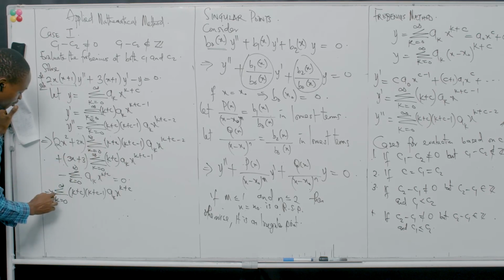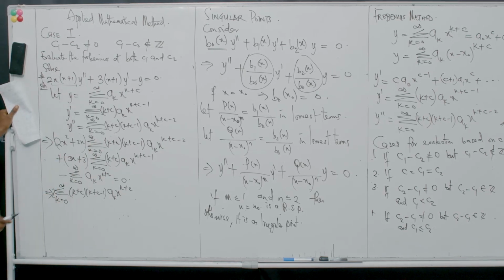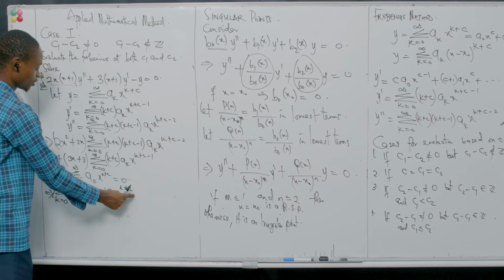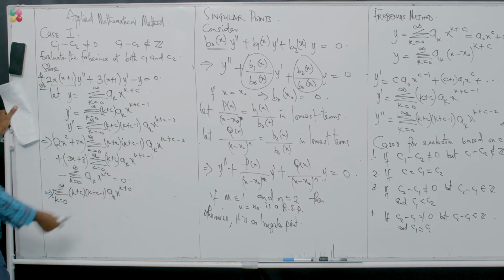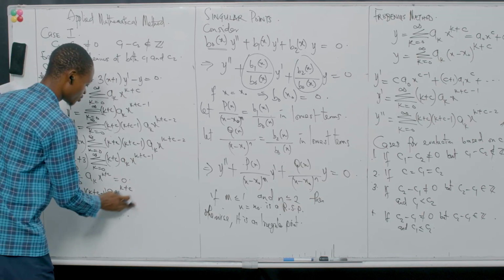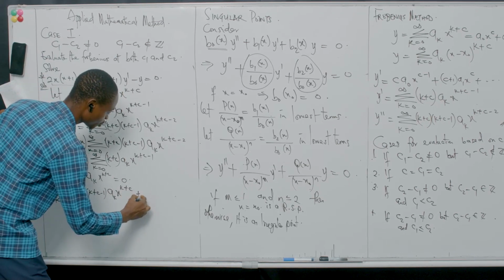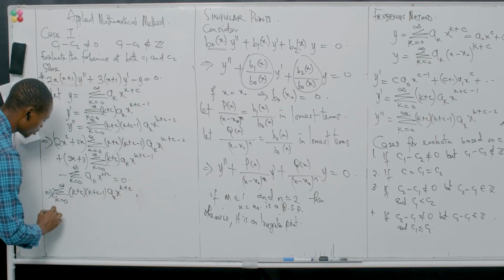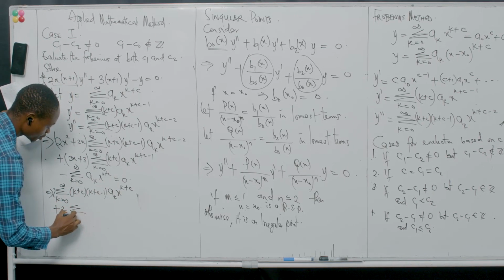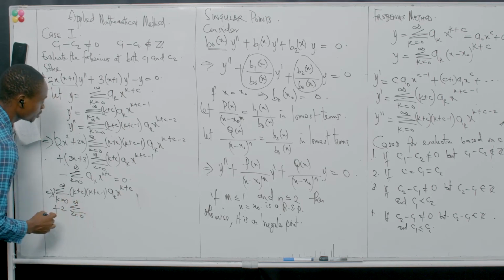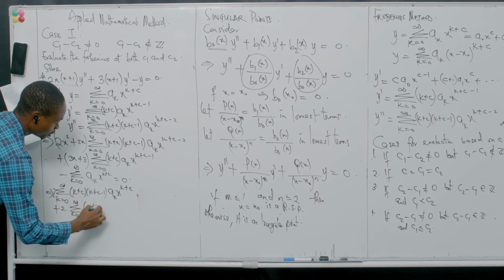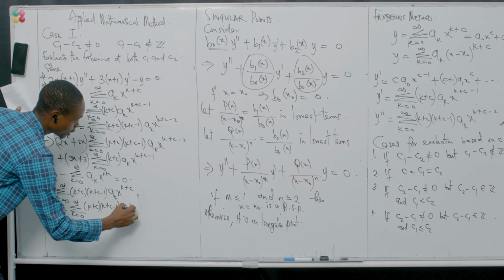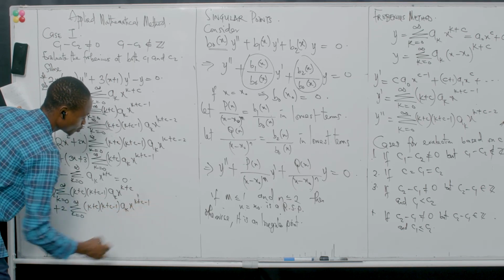I think we are missing something. We are missing a 2 here, right? Then in the second one we would have plus 2 summation, k starting from 0 to infinity, of k plus c minus 1, ak x to the power k plus c minus 1.